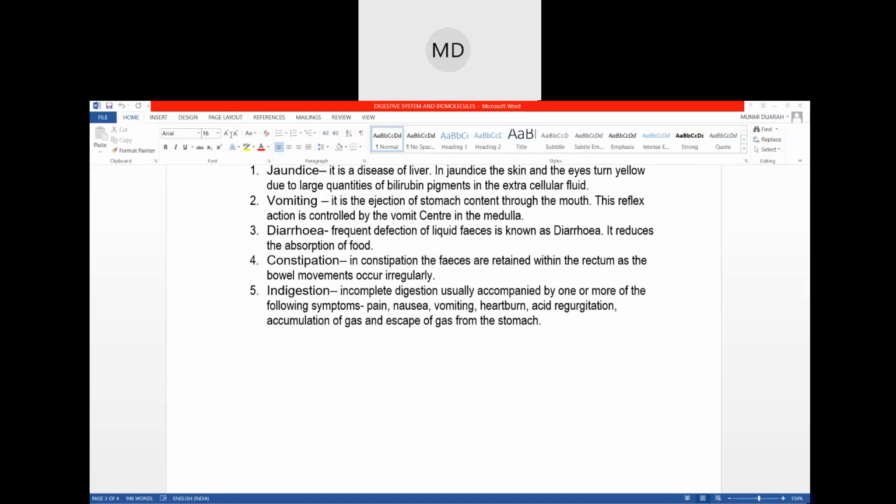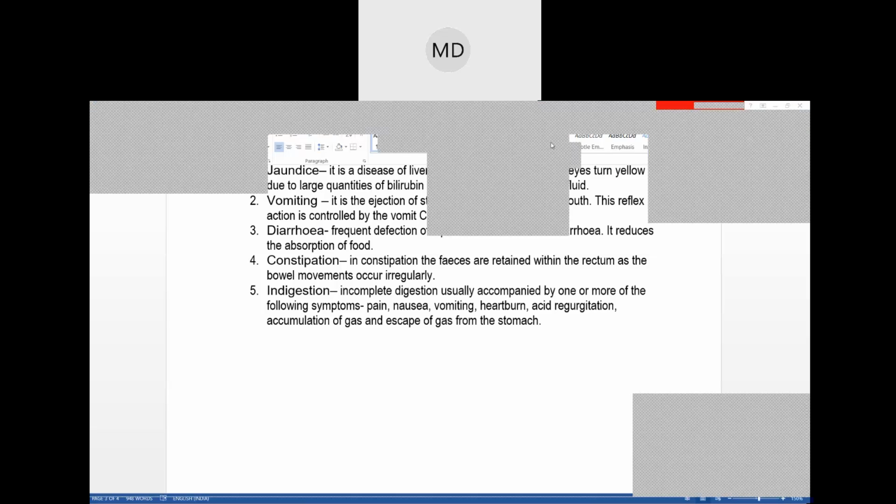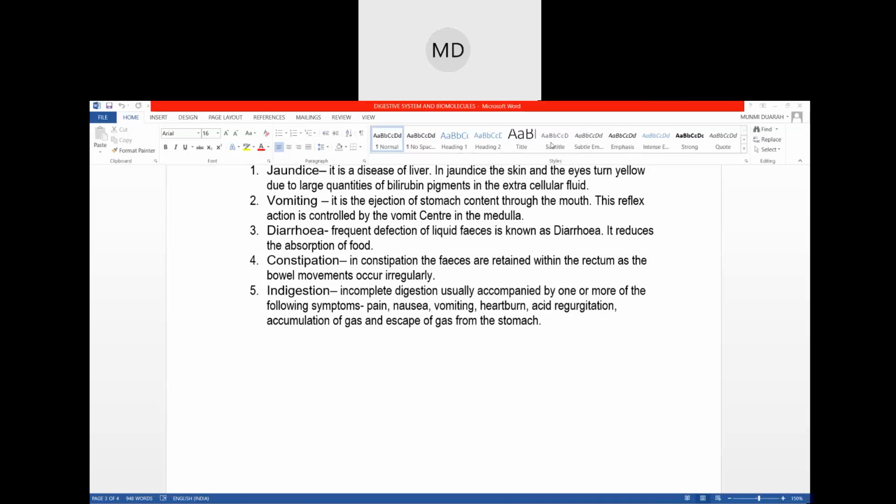I will not start the next new chapter today. That I will do in the next class. The next chapter is locomotion and movement, about joints. You all know the meaning of locomotion and movement.